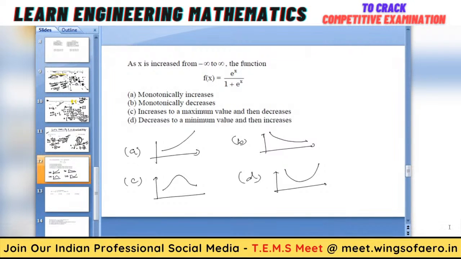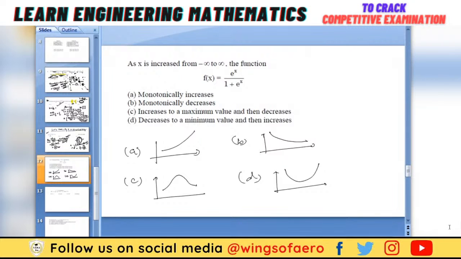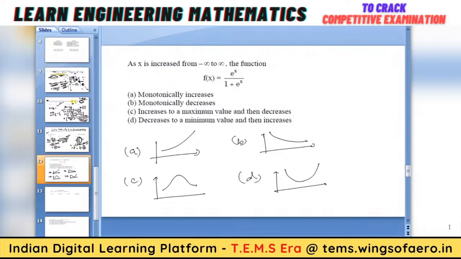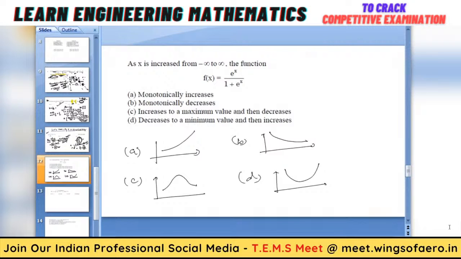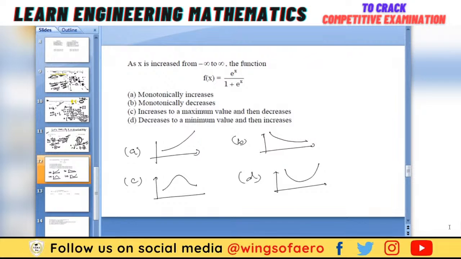Some say B, some say A. 1, 2, 3, 4, 5. 5 students.